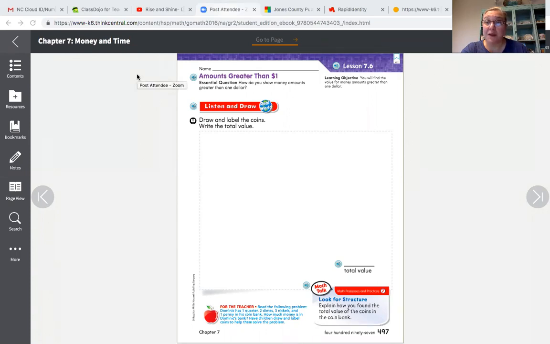Okay, it says that Dominic has 1 quarter, so I'm going to make this my quarter. I'm going to try to make it as close to size as possible. Okay, and then it says he had 2 dimes.